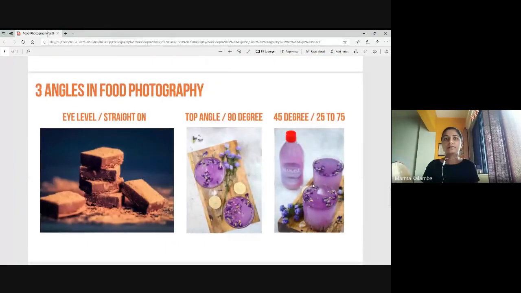So there are three angles that you can shoot at. First is the eye level. I made this mistake a lot when I started shooting earlier. I had not known about angles, I was just shooting whatever.